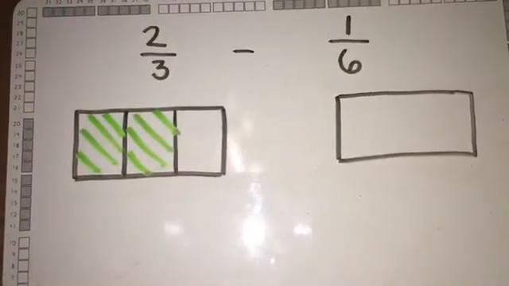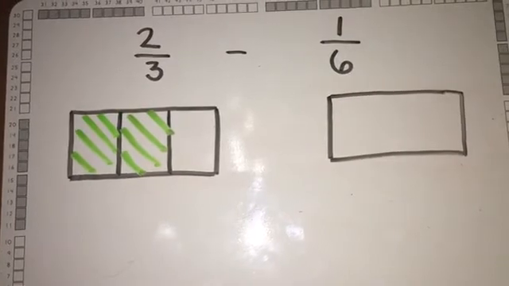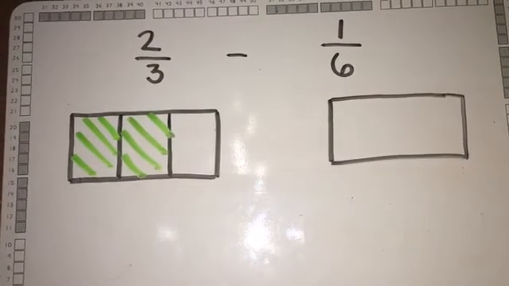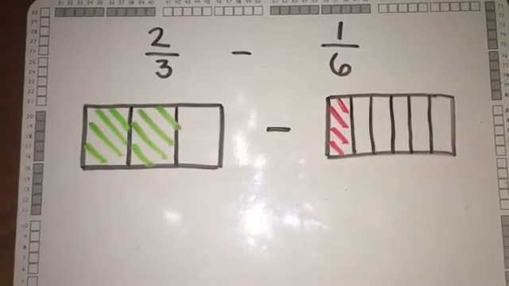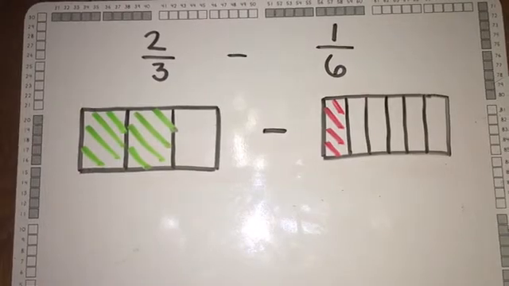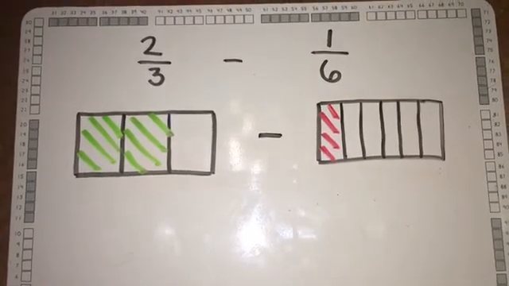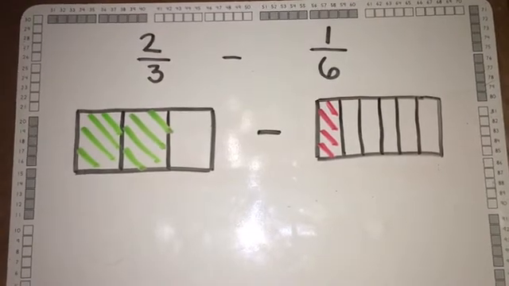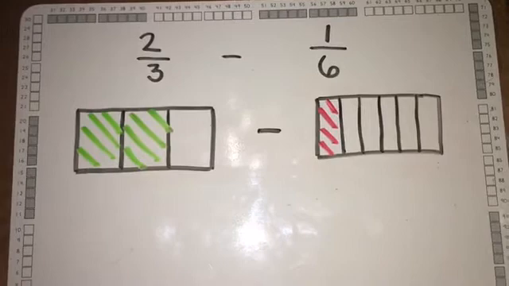We have subdivided our whole into 3 parts and have shaded 2 of them so that we have a representation of 2/3. We then subdivide our other whole into 6 parts and shade 1 of them to represent 1/6. We now have a pictorial representation of 2/3 minus 1/6.